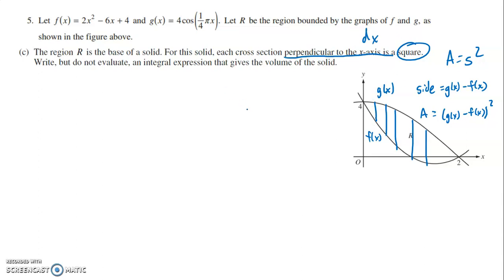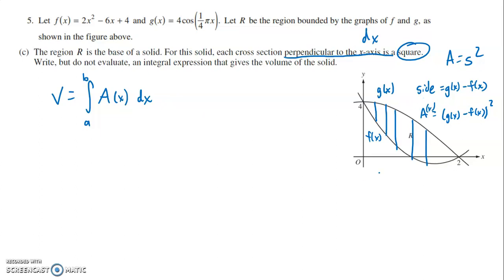Whenever we do the area of a known cross-section, and that's what this is, our known cross-section is a square. Whenever you have that, the volume is the integral from a to b of the area with respect to x. So my A of x in this case is just g of x minus f of x.